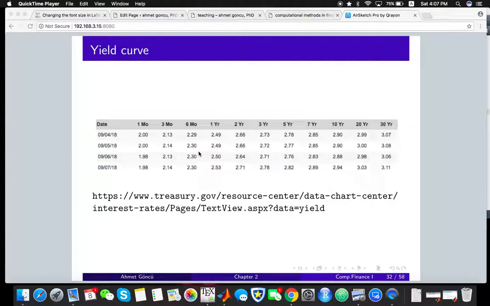So typically, the most common case is that as we have a longer time to maturity for the bond, the yield is often higher than for a short maturity bond.